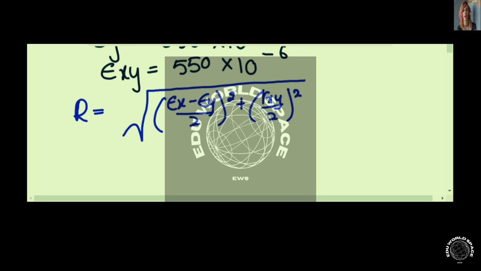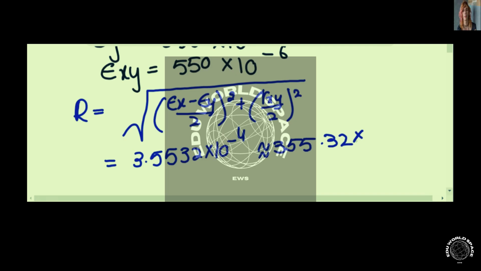Again, you have the values, you just need to plug them in, and you calculate that it is equal to 3.5532 into 10 raised to power negative 4, which is approximately equal to 355.32 into 10 raised to power negative 6.